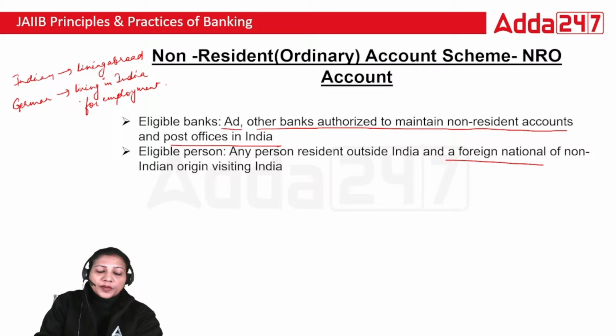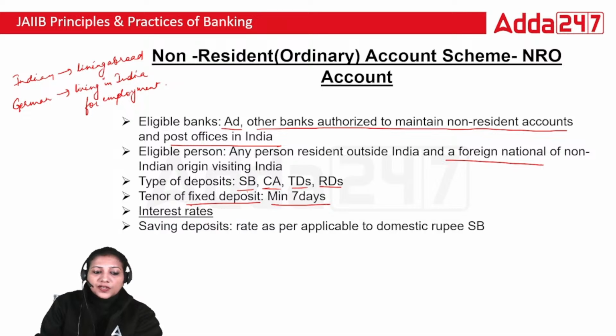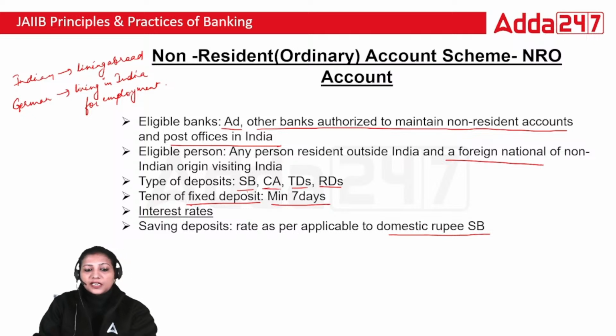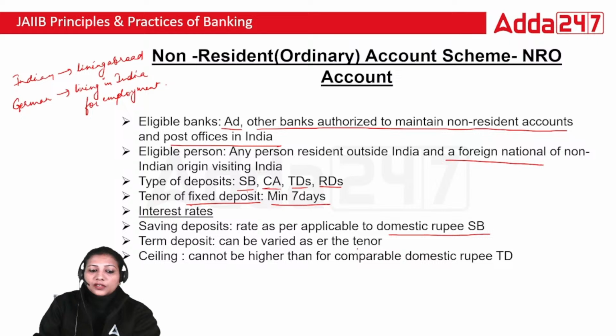Then he can open an NRO account. The type of account will again be savings, current, TD and RD. Here the fixed deposit tenor is 7 days, whereas in case of FCNRB and NRE, we have seen that it is a minimum of 1 year. Interest rate: the saving rate is as per the domestic rupee saving rate, whatever the domestic saving rate is, according to that they will get in the NRO account. Term deposit will depend on the tenor of the deposit.